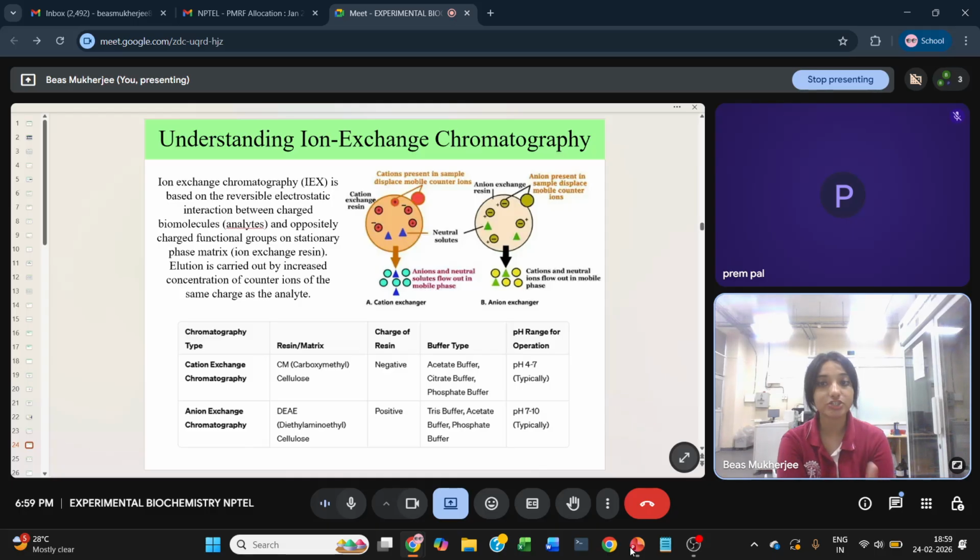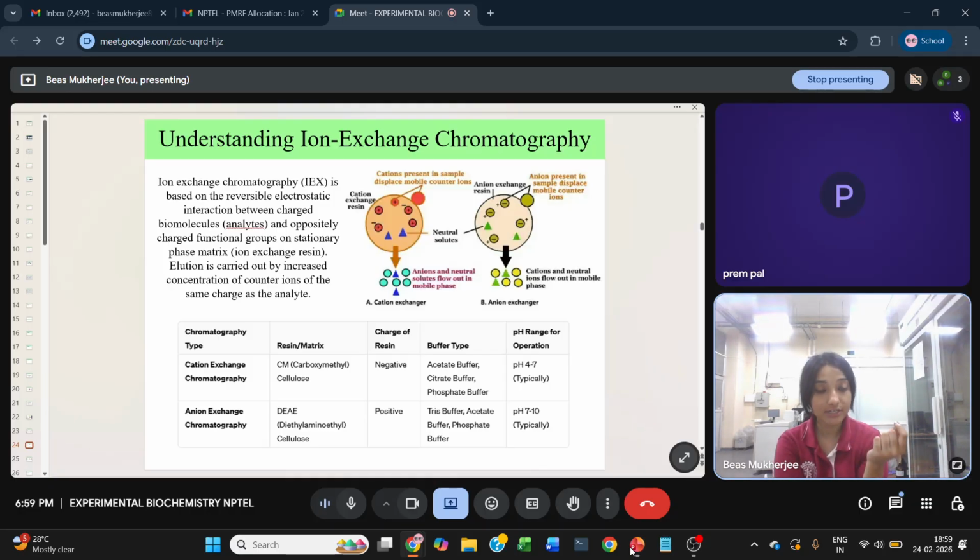So in cation exchange chromatography, CM or carboxymethyl cellulose, the charge of the resin is negative. What type of buffer is used? Acetate buffer, citrate buffer, phosphate buffer, which can have what pH? Low pH of around 4 to 7. What about anion exchange chromatography? Anion exchange chromatography uses DEAE, which is diethylaminoethyl cellulose, which is positively charged.